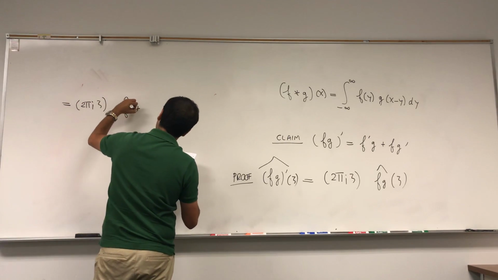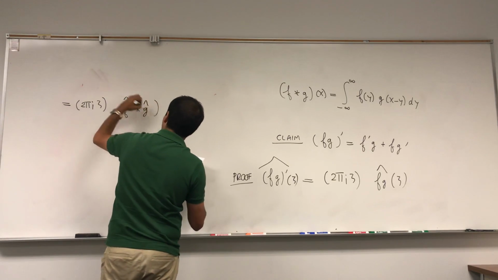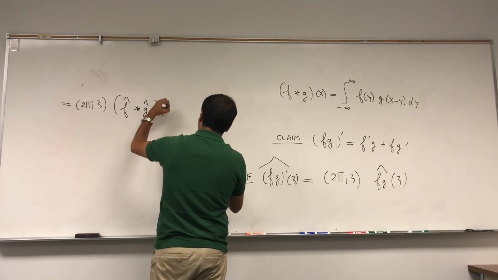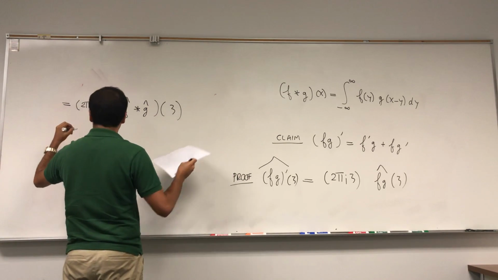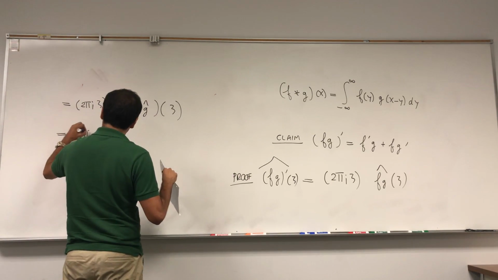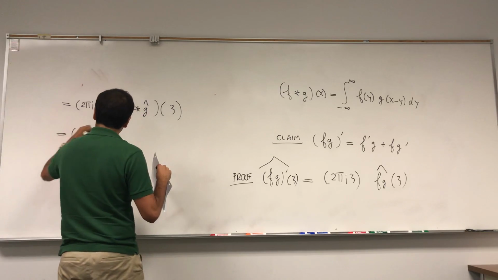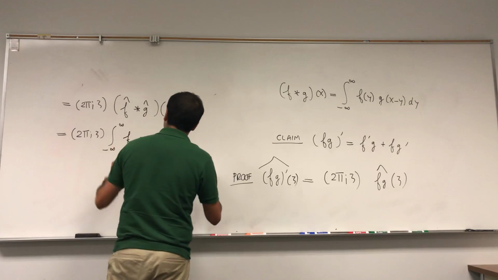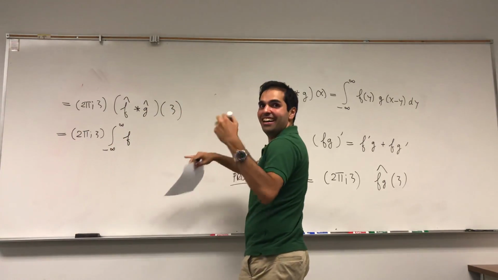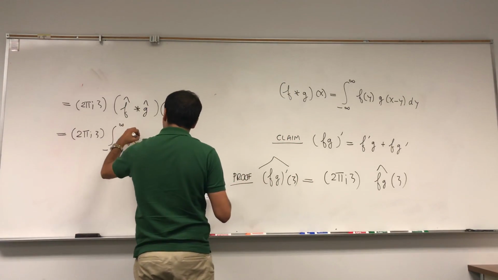So we get 2 pi i xi times f hat convolved with g hat of xi. And remember the definition of convolution, that's 2 pi i xi times the integral from minus infinity to infinity. I don't want to use xi, so let's use another variable, eta.